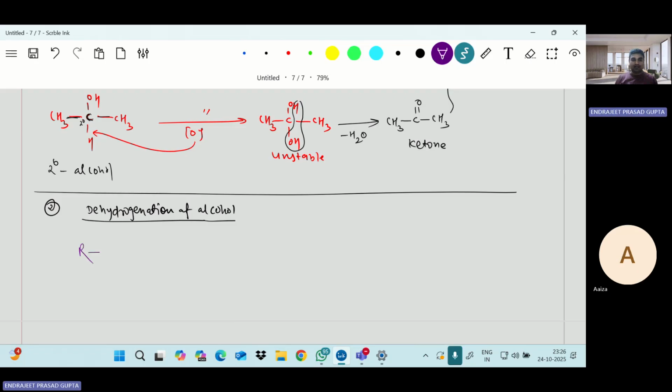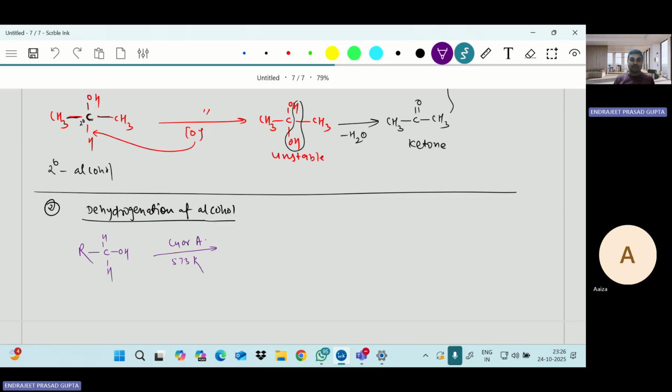If I'm taking R CH2 OH, and you take a catalyst like copper at 573 Kelvin temperature, when vapor of primary or secondary alcohol is mixed with air and passed over the copper at this temperature, you can take silver also, either copper or silver at 573 Kelvin.